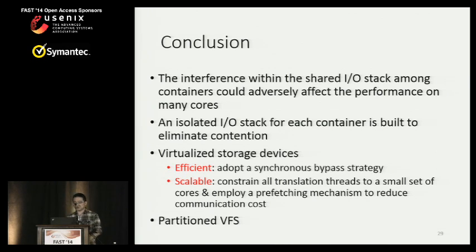The virtual storage device is tuned to be efficient and scalable. We adopt a synchronous bypass strategy to avoid most of the virtualization overhead, constrain all the translation threads to a small set of cores, and employ a prefetch mechanism to reduce communication cost. Thank you.